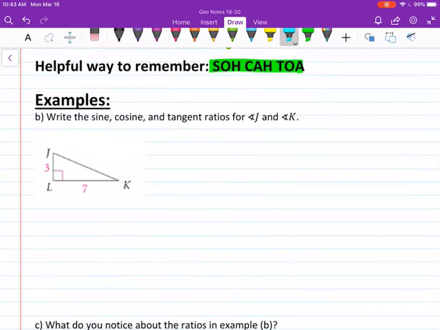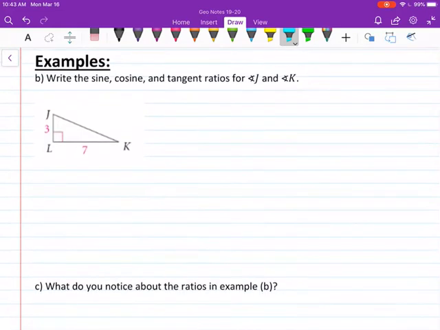Okay, so pause the video, try the examples, and then press play and see how you did. The first one, write the sine, cosine, and tangent ratios for angle J and angle K. So the first thing we need to do is make sure that we have the length of all three sides, because we need the opposite, adjacent, and hypotenuse for all three trig ratios.